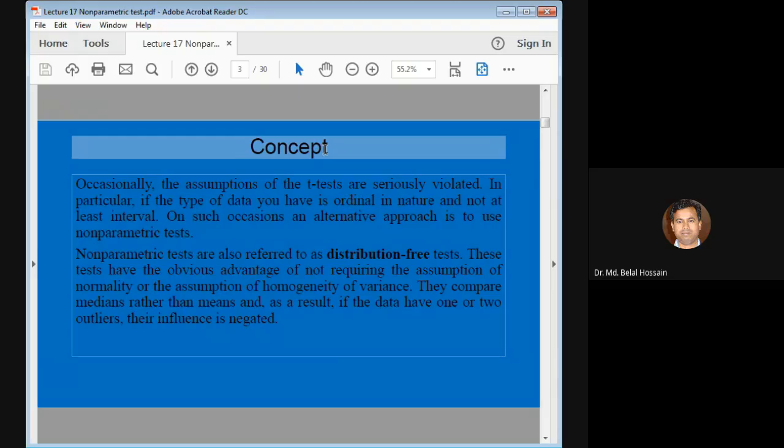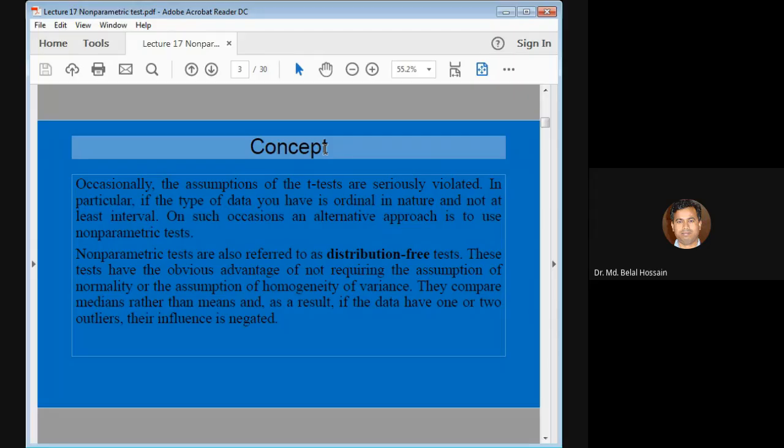So that is our background for when you will use a non-parametric test. Interestingly, a non-parametric test has a counterpart for every parametric test.